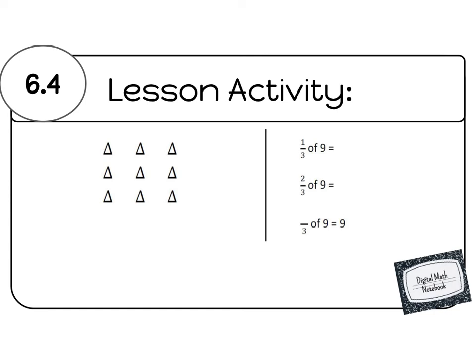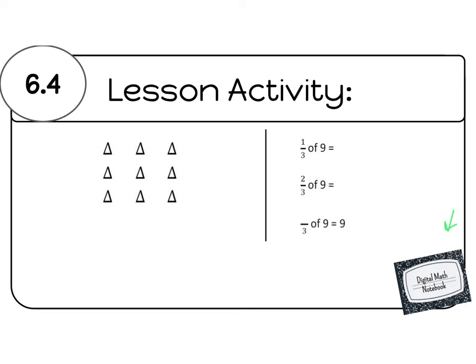All right, friends, this is your lesson activity. I will get you started, and then you'll finish up on your own. Remember that this is in your digital math notebook, so make sure you have it open and you're filling in the answers as we go. In this example, we have 9. So we are going to be finding parts of 9. We're multiplying a fraction by a whole number.